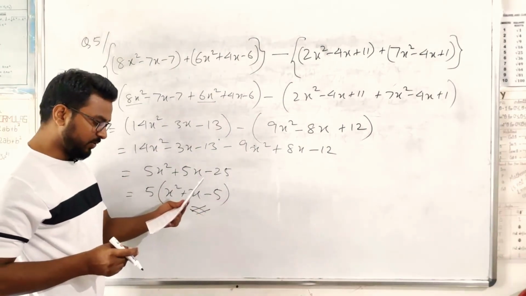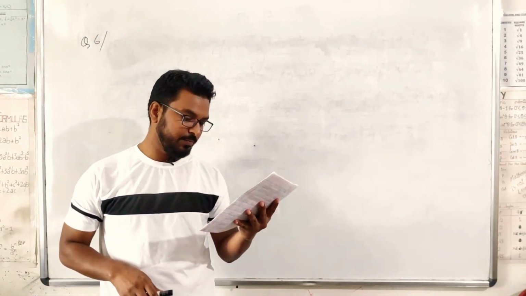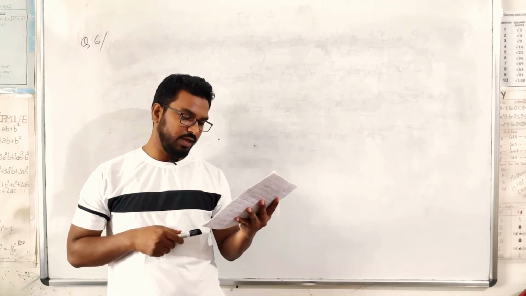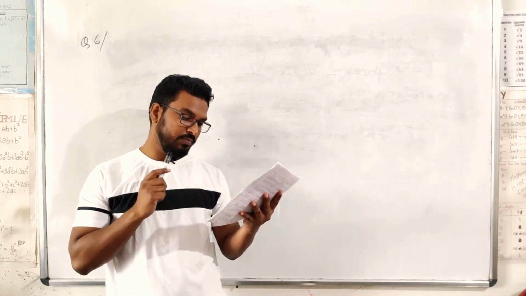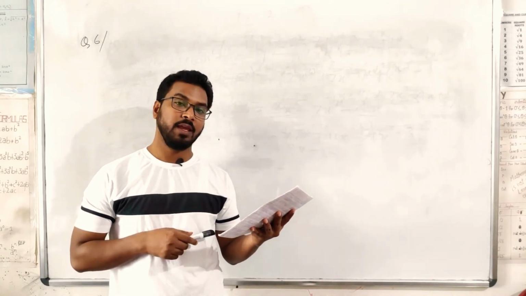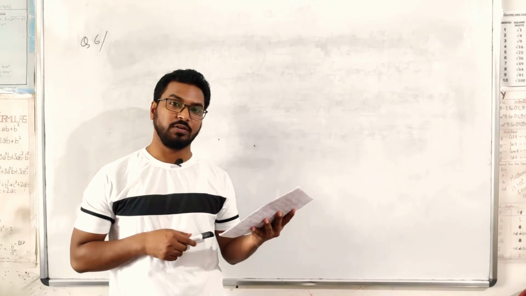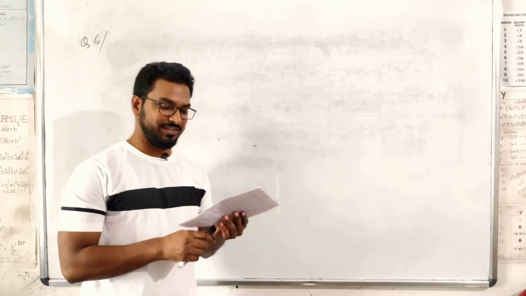Okay. So we'll do the next question. Our next question, number 6, is given. Subtract the sum of 4x square y minus 3xy square plus 4 and minus 3x square y minus 7xy square minus 7 from x square plus 4. So we'll write down the last term first.